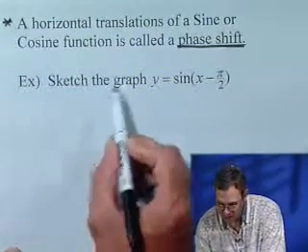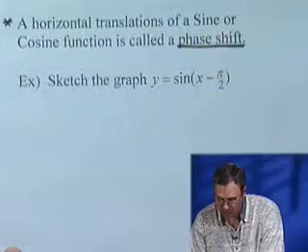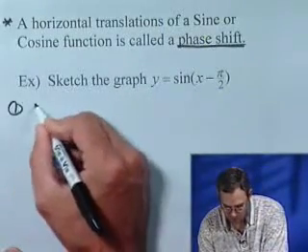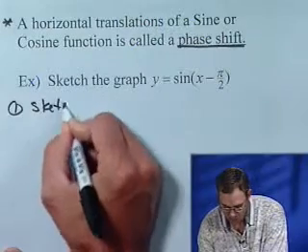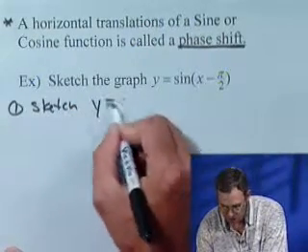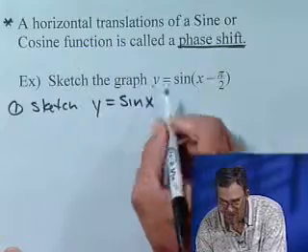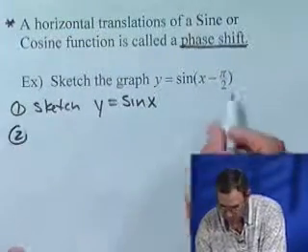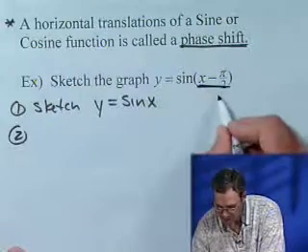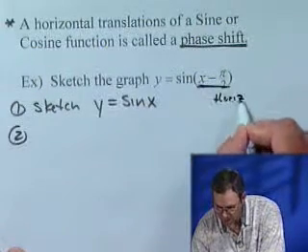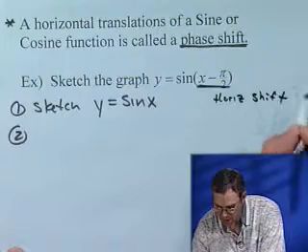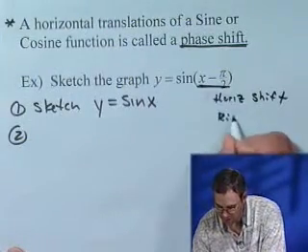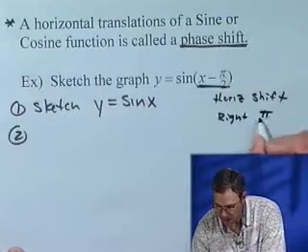All right, let's try to sketch the graph of y equals sine of (x minus pi halves). Well, the first thing we'll do, we'll sketch y equals sine x. Okay, and notice here, this means I'm going to horizontally shift to the right, since it's negative in here, pi halves.